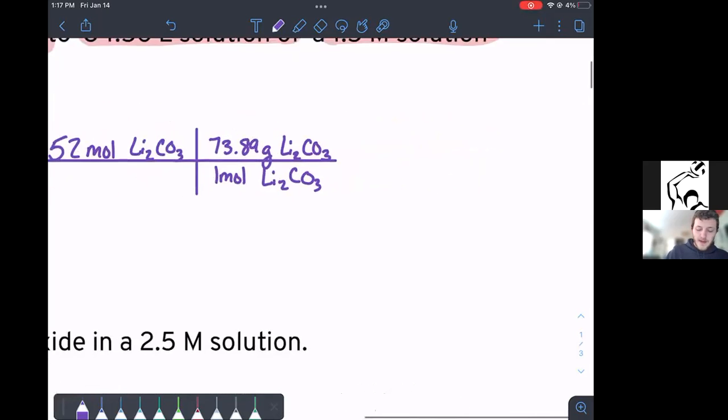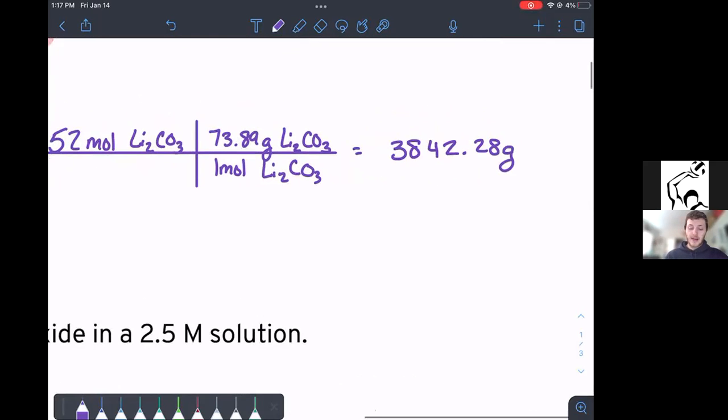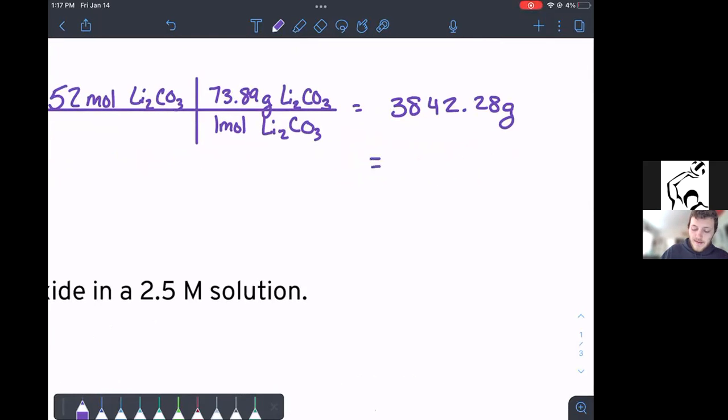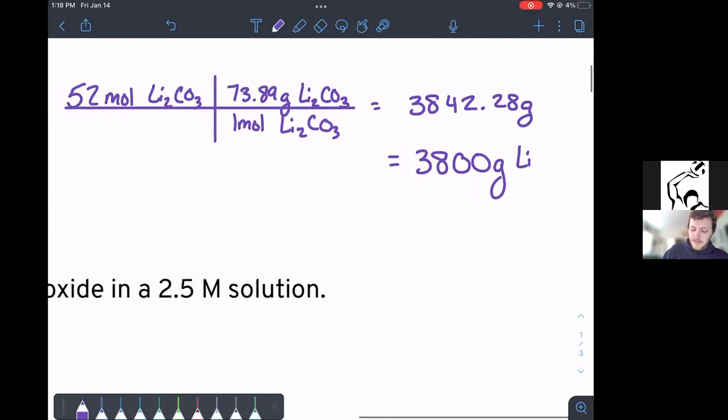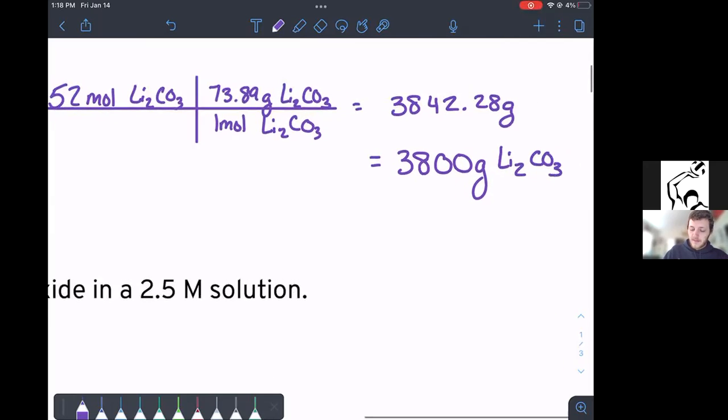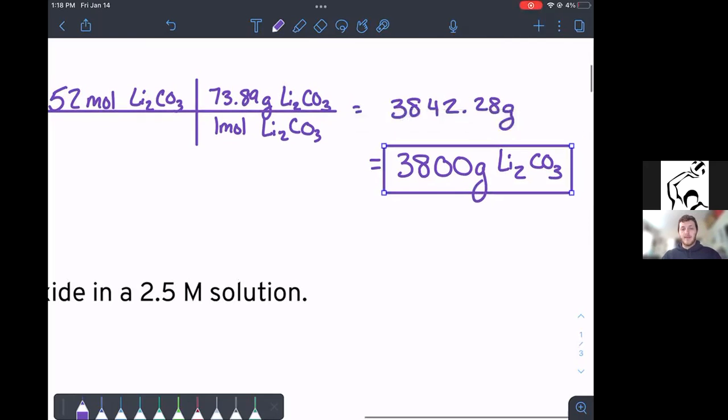Which means when we multiply the top together, we're going to end up with 3,842.28 grams. But again, we have to worry about significant figures from our problem. And since our given was in 2 significant figures, our answer is in 2 significant figures as well. So we want to round to 3,800 grams of lithium carbonate. And now we're done.